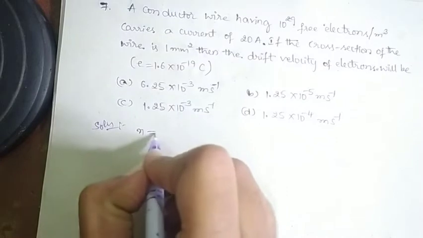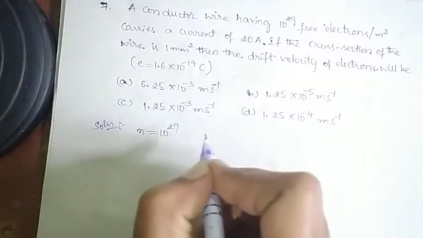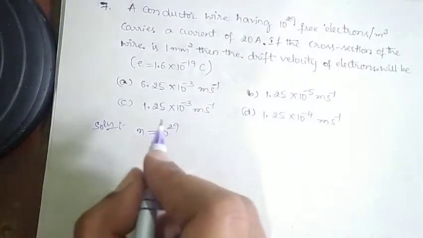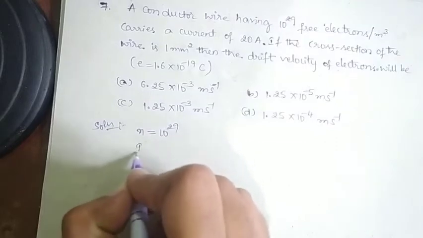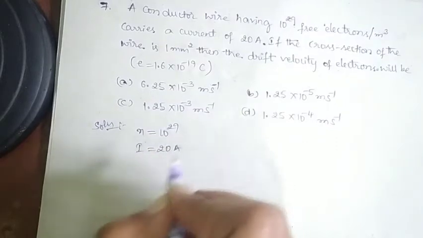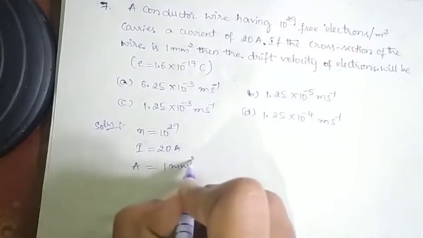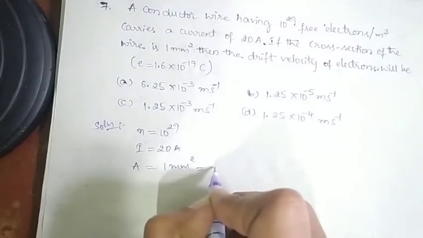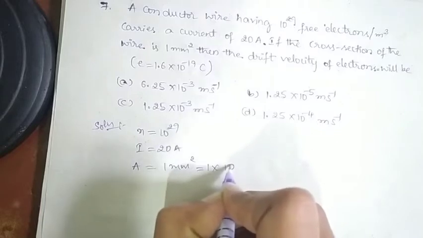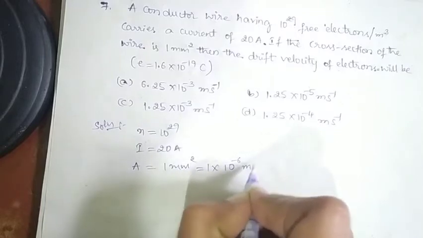Now, we have to write what is given. First of all, the number of free electrons is 10 power 29 per meter cube. Current will be 20 ampere. Cross-sectional area is given as 1 millimeter square. 1 millimeter is 1 into 10 power minus 3 whole square, meaning 10 power minus 6 meter square.